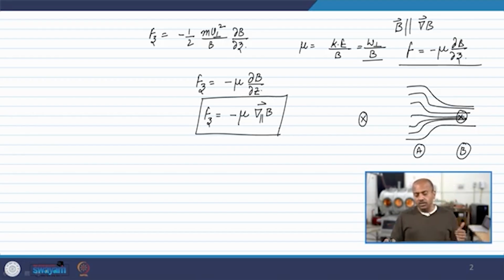So, here it is important to see how this non-zero force along the negative z direction allows the particle to come back.